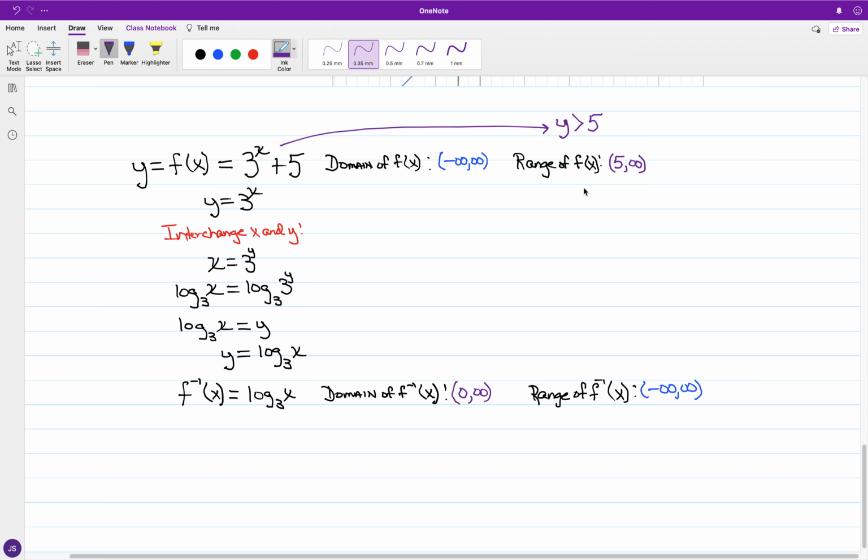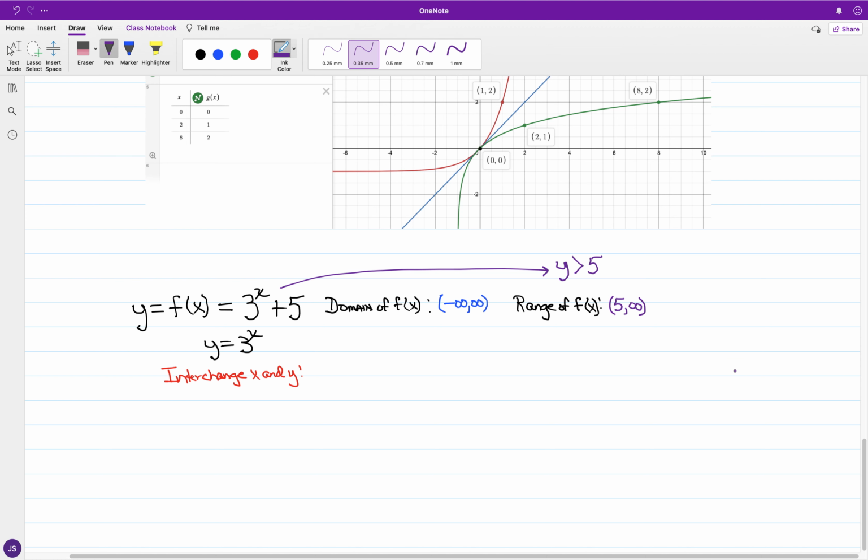So for the range of f of x, we have y is greater than 5, and we still have the domain to be the set of all real values of x. Now, looking at how the inverse is going to arise, as well as what the characteristics are going to be, we have y is equal to 3 to the x plus 5.